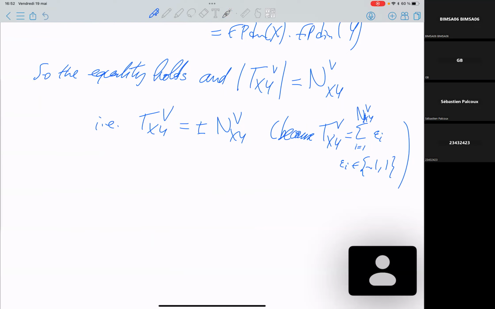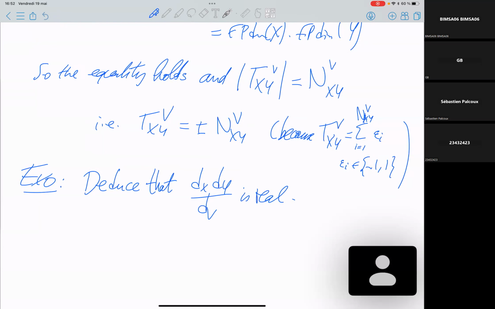And here there is another exercise, another point in the proof which is not detailed, that I was not able to quickly find the details for, to show or to deduce that dx dy over dv is real, if nxyv is different from 0.